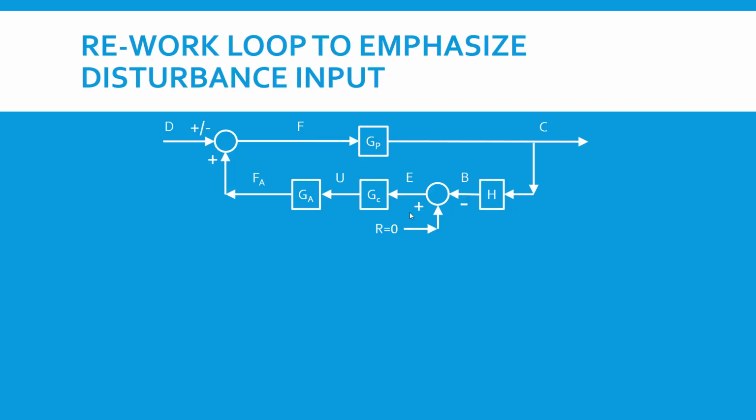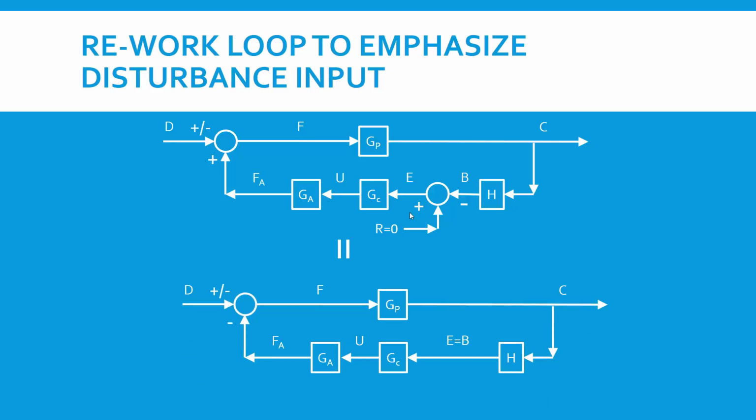All of the internal components of the controller are still connected to one another as they had been before. But now we have a non-zero excitation coming in, which is our disturbance, and we're still interested in the actual value. That's the value of interest to us, but we've reworked the loop to emphasize that the disturbance is the exciting value for the loop.